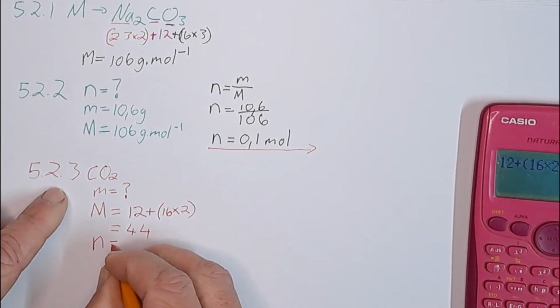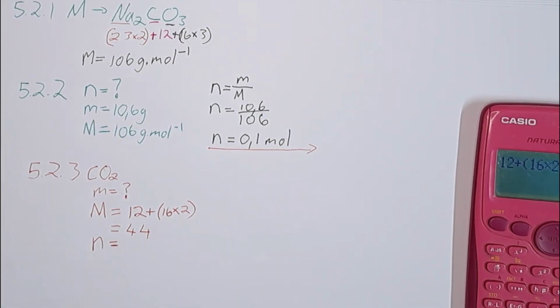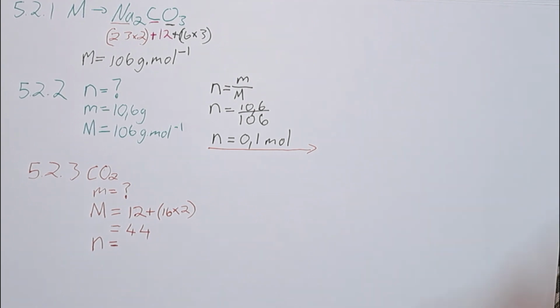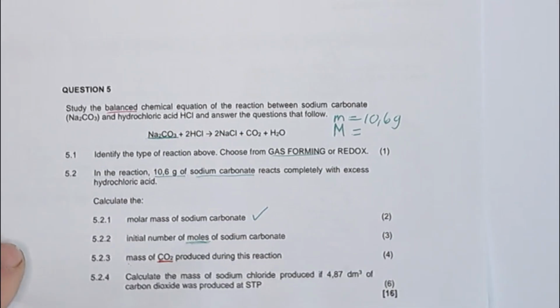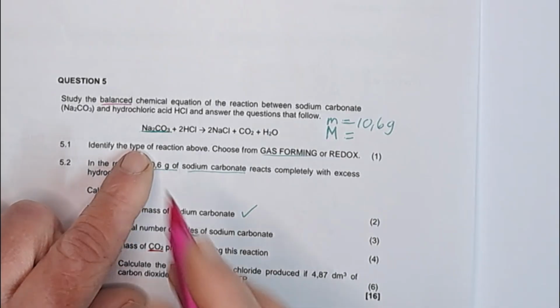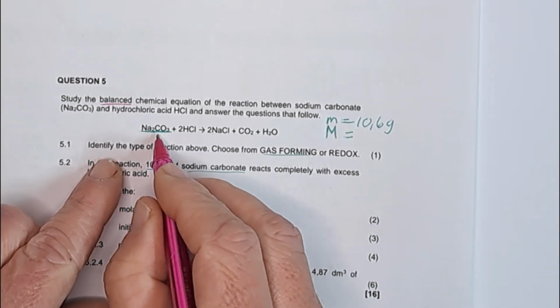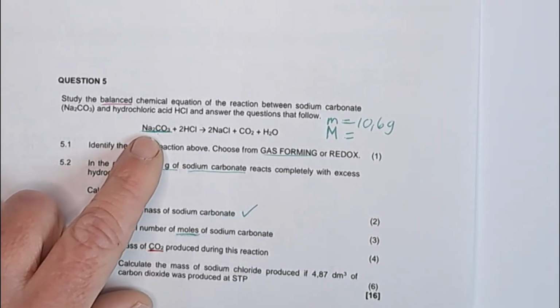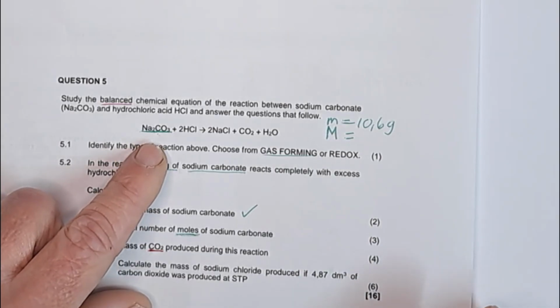And then obviously we are dealing with moles, and we don't have moles yet. All right, that is where the ratio comes in of stoichiometry. So to calculate the ratio, we need to look at our balanced chemical equation. We have the mole of sodium carbonate at this moment.